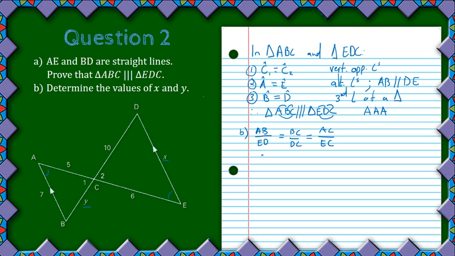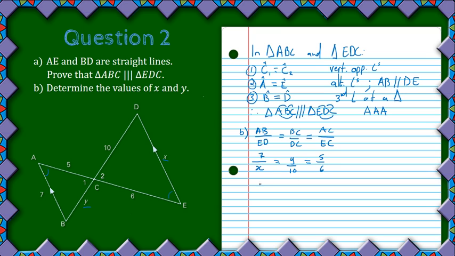Right, let's substitute in our known values. AB we've got as 7, ED we have as X, equal to BC is Y, DC is 10, equal to AC is 5, and EC is 6.